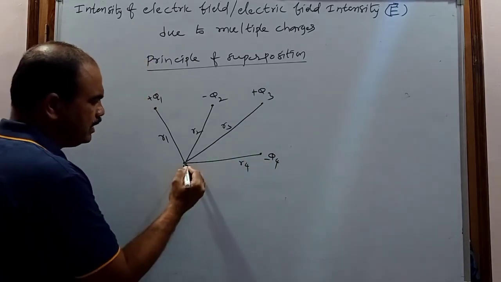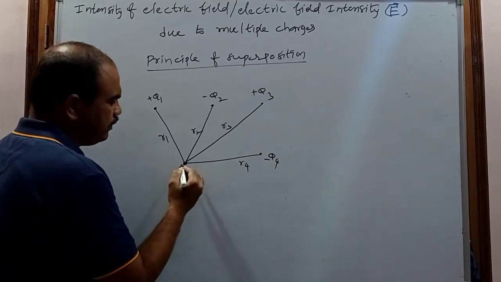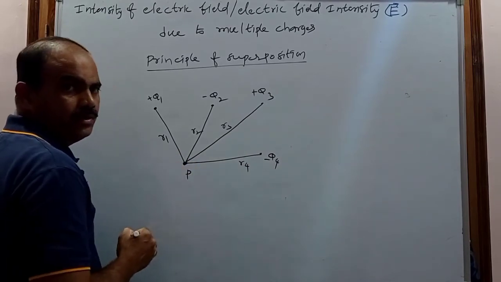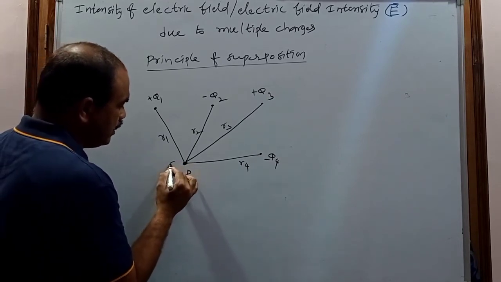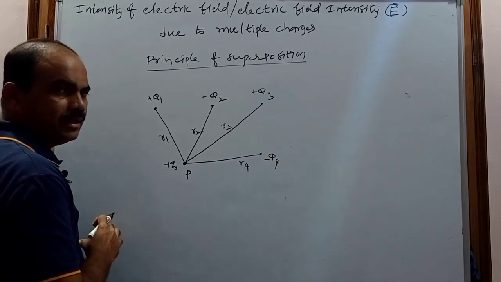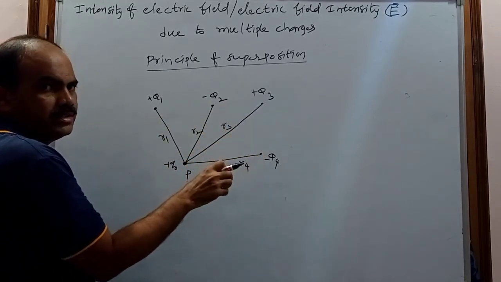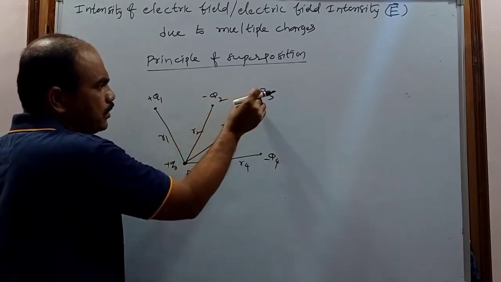To find the net electric field intensity at this point, first of all you have to place a test charge Q naught here. Then find the individual electric field intensities due to Q1, Q2, Q3, Q4.